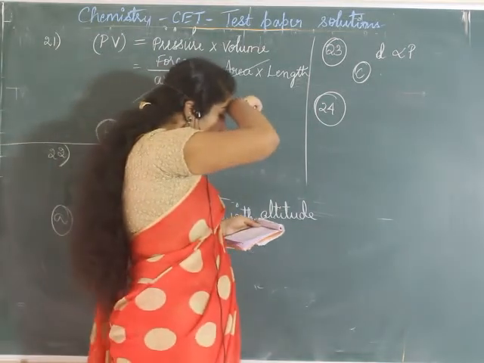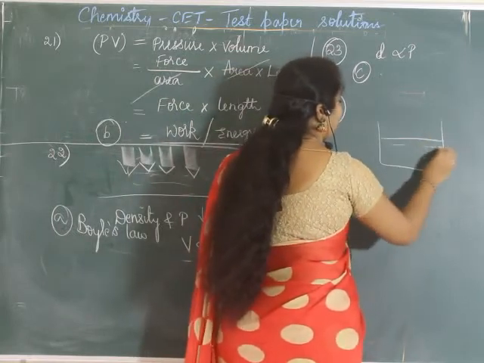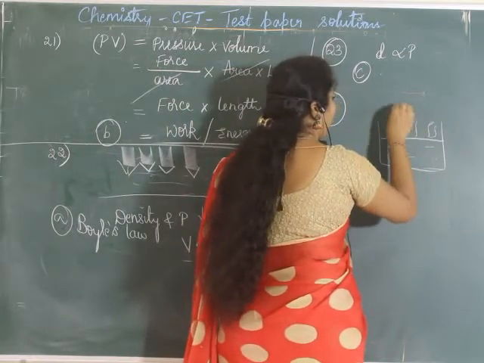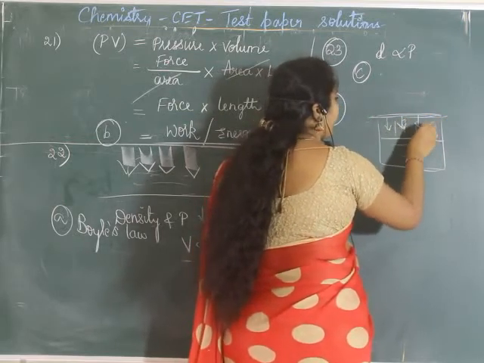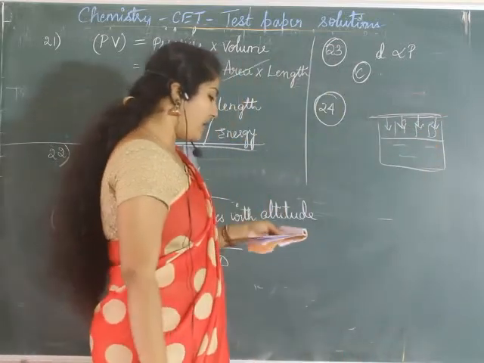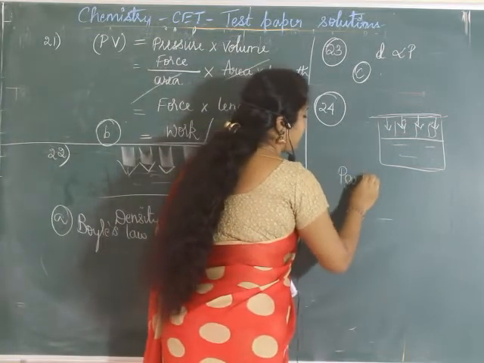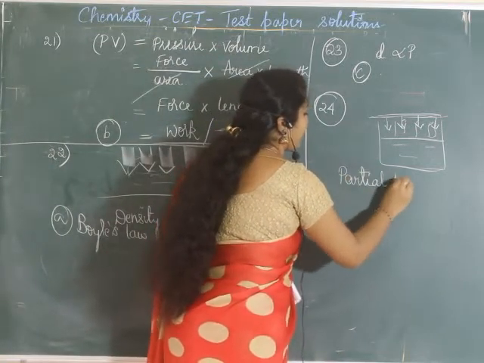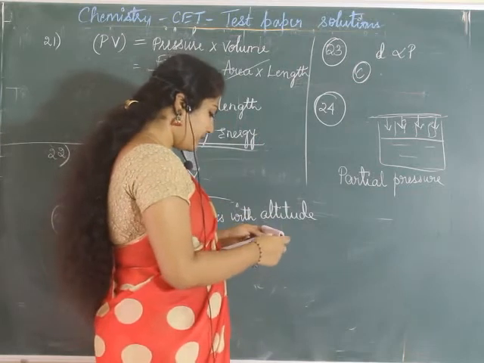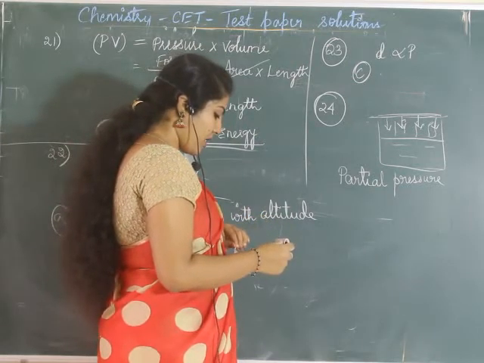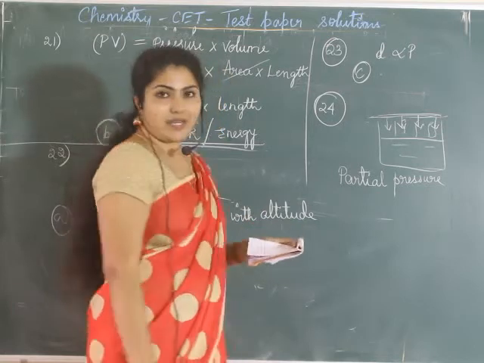Next, the pressure exerted by saturated water vapor is called. If water is taken in a closed container, the water vapor exerts some pressure. The pressure exerted by saturated water vapor is called its partial pressure, or you can call it aqueous tension.